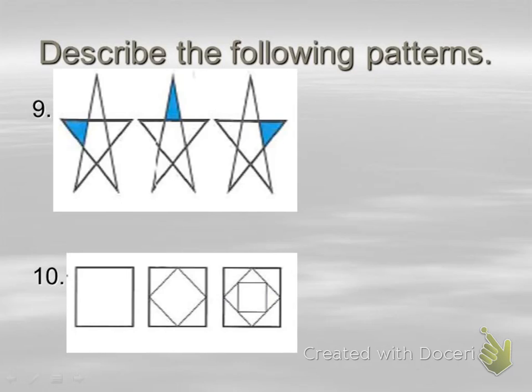Can anyone describe to me what's going on in number 9? Yes, ma'am. They're rotating to the right corner of the star. Good. Rotating. What's rotating? The pieces of the stars, right. Good. The shaded piece? Good.